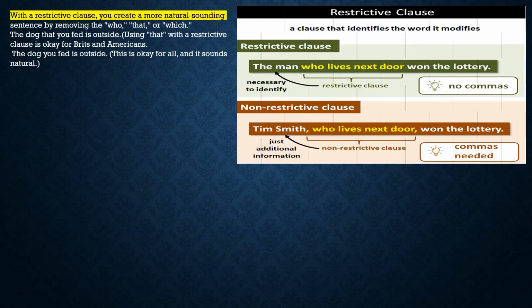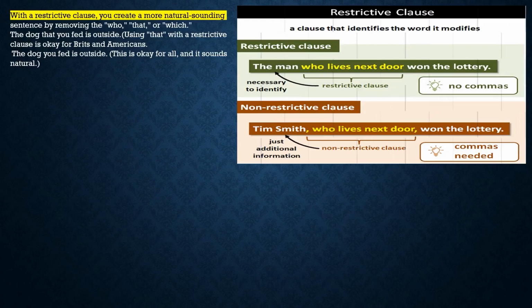Don't start a restrictive clause with which. If you are American or writing to Americans, use that instead. Use who, not that, for people. Using that isn't a grammatical crime, but who is a bit sharper.